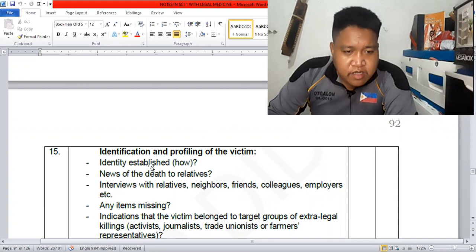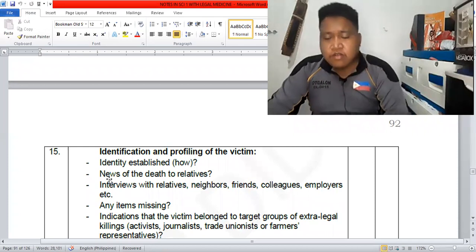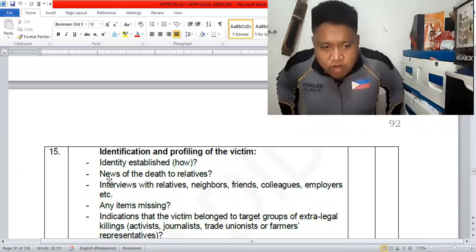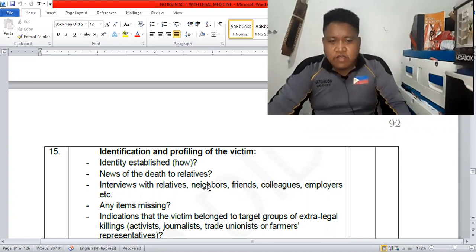Identity must be established, and you have to establish how. News of the death to relatives. You have to inform the relatives if necessary. So, as mentioned here, they should inform the relatives regarding the death of their loved ones. Then interviews with relatives, neighbors, friends, colleagues, employers and or employees, and the likes.